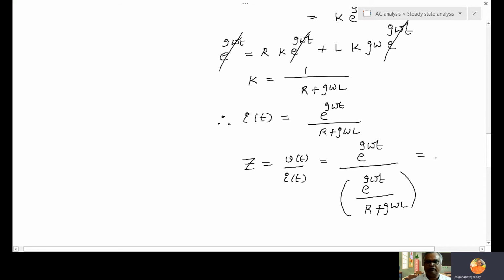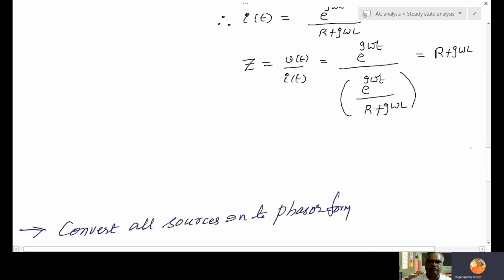So if you simplify, what you get? R plus j omega L. Therefore, Z is coming as R plus j omega L ohms.